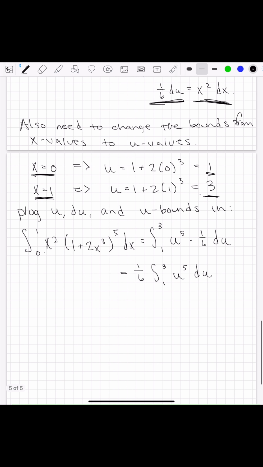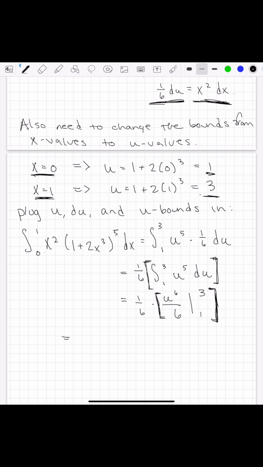Okay, and now everything's in terms of u, so now I can integrate. Use the power rule, simple enough, so that becomes u to the 6 over 6, and then I have to plug in 1 and 3. Remember the 1/6 is outside of our integral, so we have to do the whole definite integral. We have to plug our bounds in before we multiply this through.